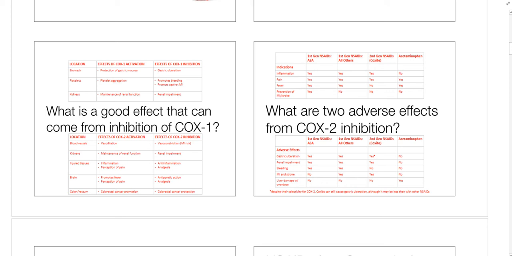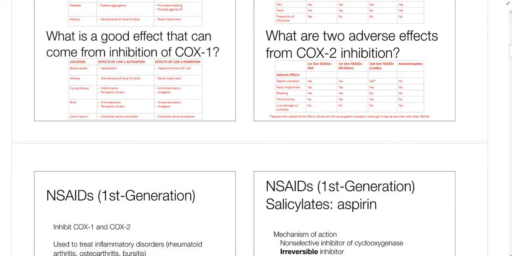So make sure you don't overdose, and you should be a lot better taking Tylenol over anything else, unless you have inflammation or you're trying to prevent MI or stroke. That's a very specific population, and that's based on a direction from a physician, not just because you want to take it. All right.